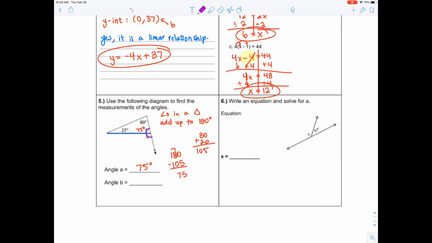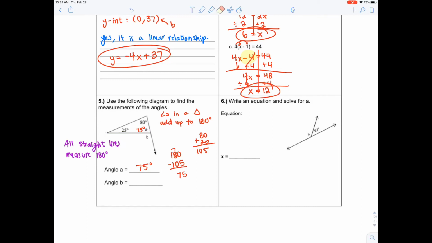So therefore, all straight lines measure 180 degrees. We also call those straight angles, because straight line, straight angle. Anyway, these angles are always 180 degrees.